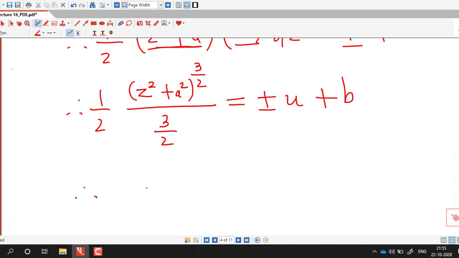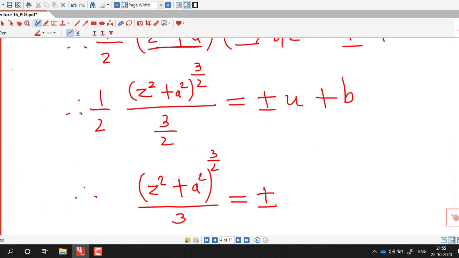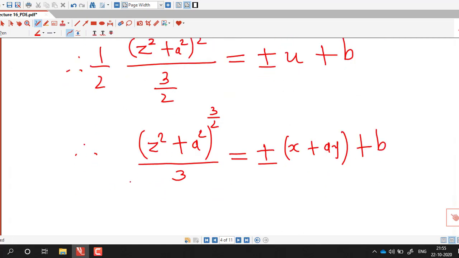So 1/2 will cancel out, and we will have (z square plus a square) raised to 3 by 2 divided by 3 equal to plus or minus u, where u is x plus ay plus b. Okay, so this is the required complete integral.